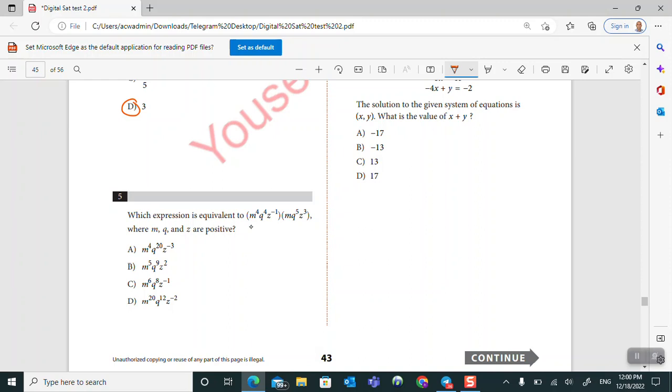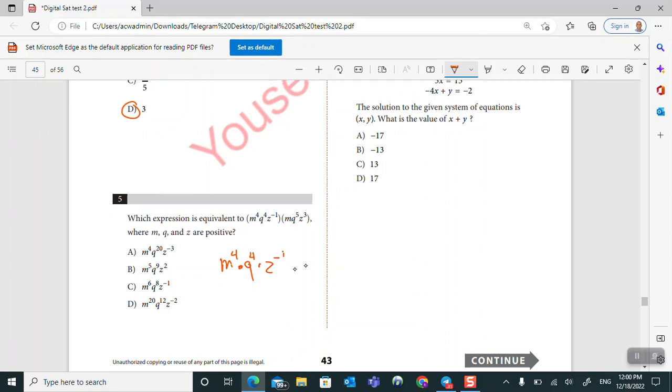So m times q to the power of 4 times z to the power of negative 1, times m times q to the power of 5 times z to the power of 3.